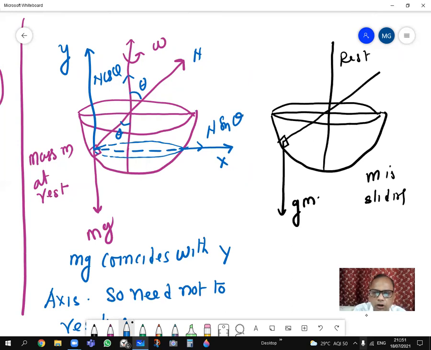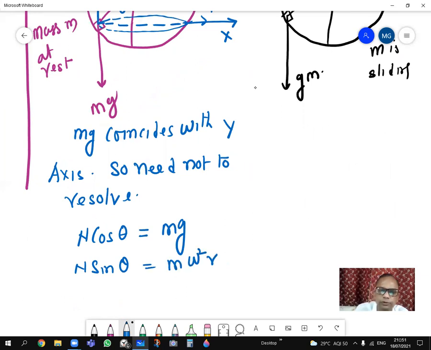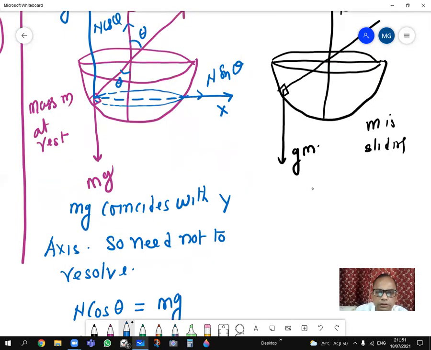So here we resolve N. And now equation along y-axis will be N cos theta is mg and N sin theta will be m omega square r. Don't forget this r is the radius of this circle. This circle has radius r. This bowl has radius capital R of bowl.